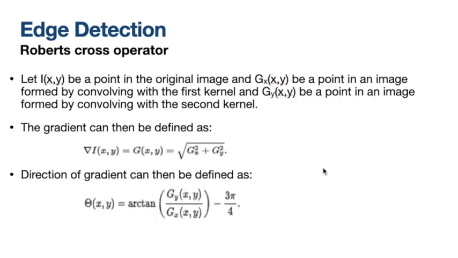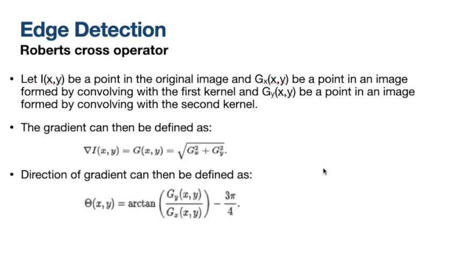Let f(x,y) be a point in the original image, Gx(x,y) be a point in an image formed by convolving with the first kernel, and Gy(x,y) be a point in an image formed by convolving with the second kernel.